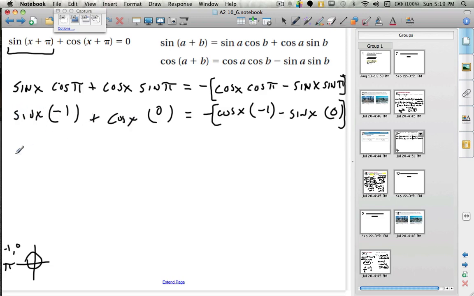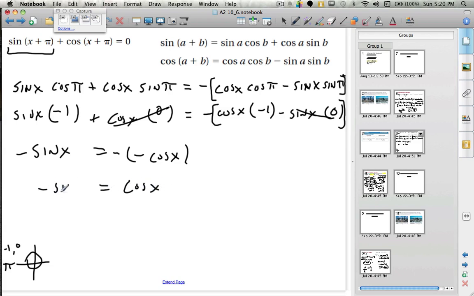Okay, so negative 1 times the sine of x, that's the opposite of the sine of x. This becomes 0. And over here I'm going to have the opposite of cosine of x. And that also becomes 0. So this just becomes cosine of x.